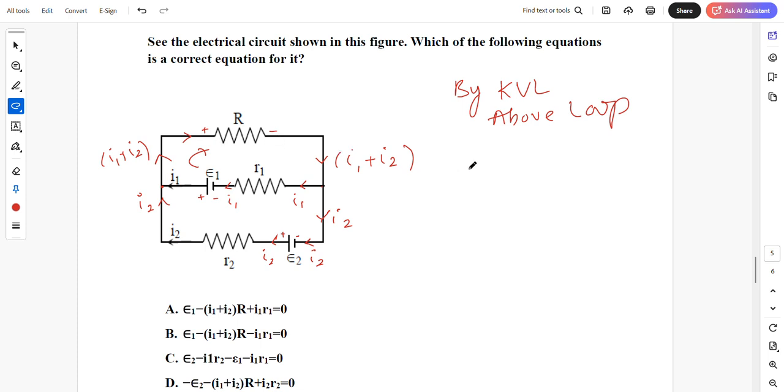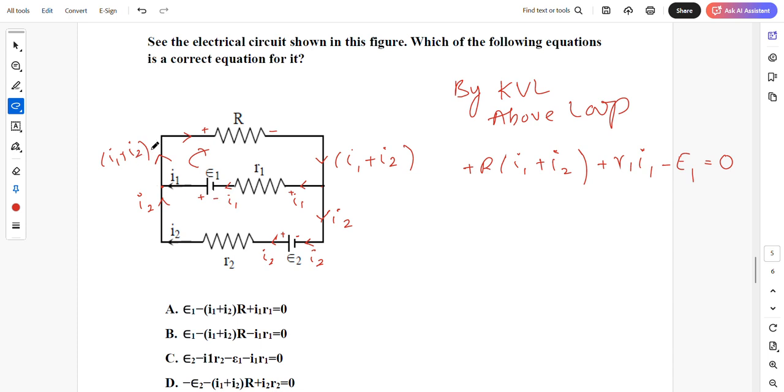Plus R into I1 plus I2. Then again here, current is entering, so it is plus R1 into I1. Now if I come here, minus E1 is equal to 0, right?